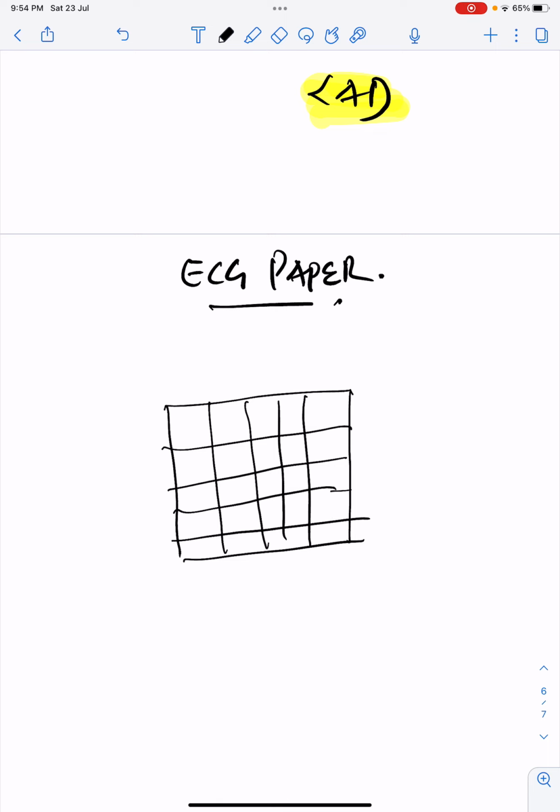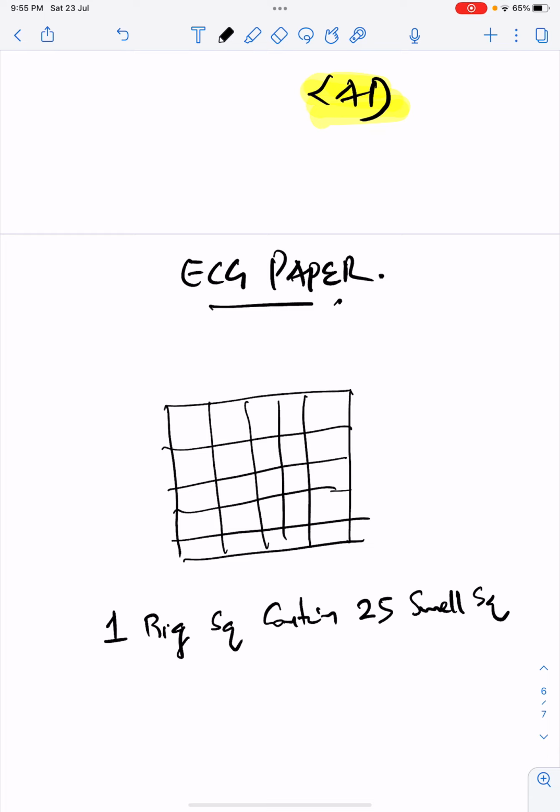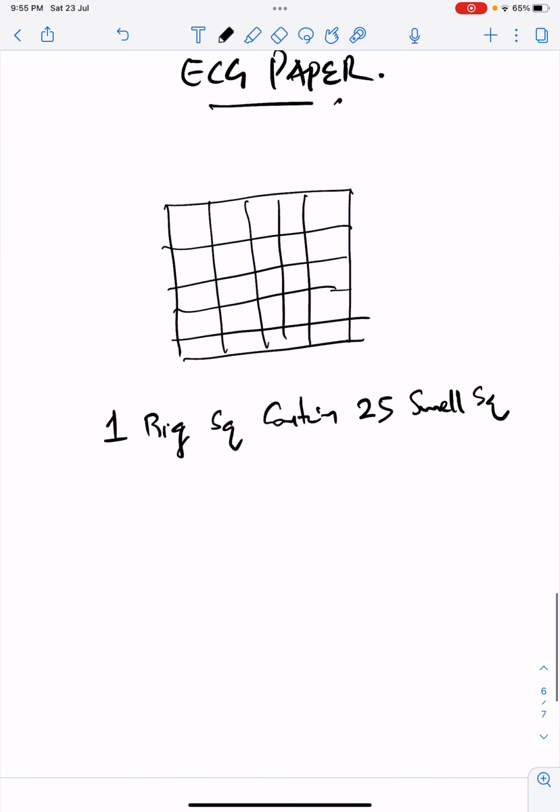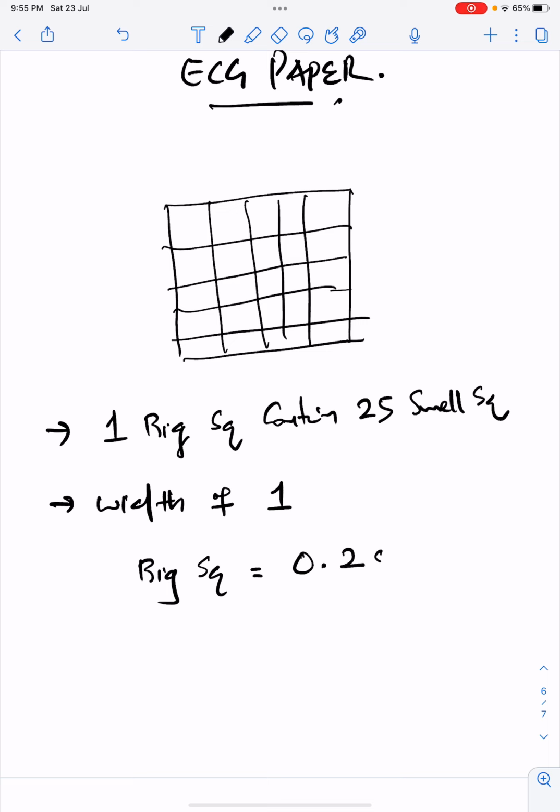One big square contains 25 small squares. The width of one big square is equal to 0.2 second.